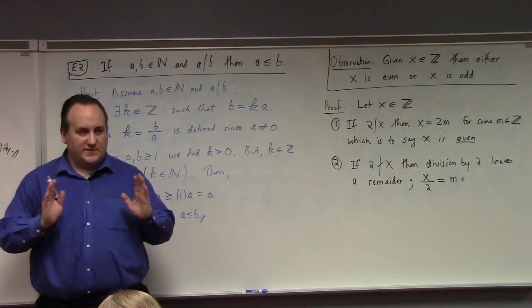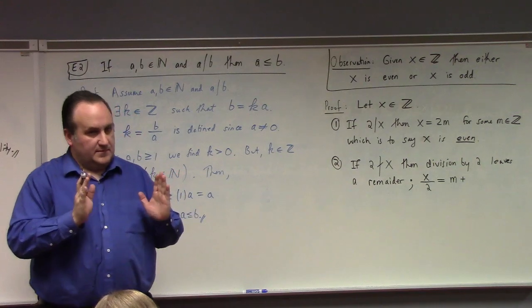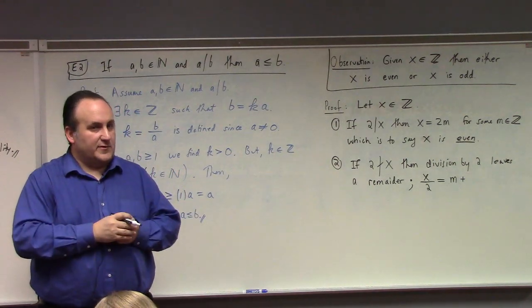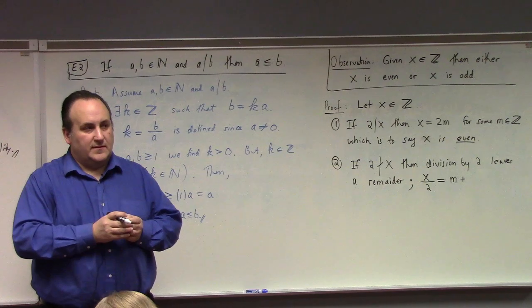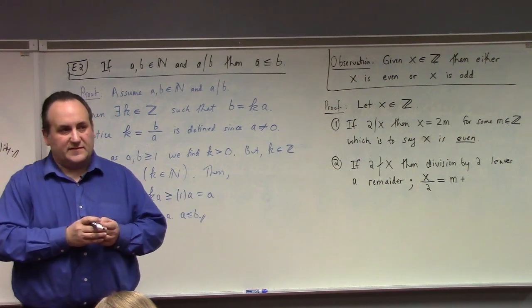The remainder has to be smaller in magnitude than the thing we're dividing by. That's the way remainder works for division. And we can assume that the remainder is positive.